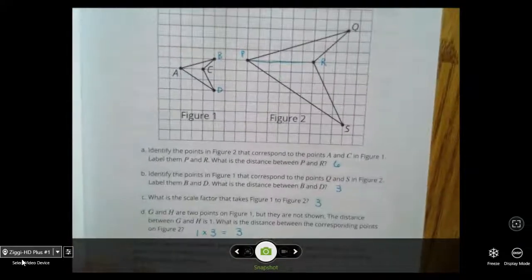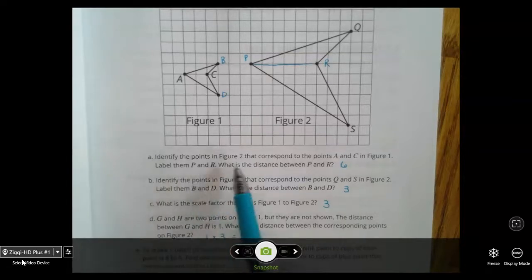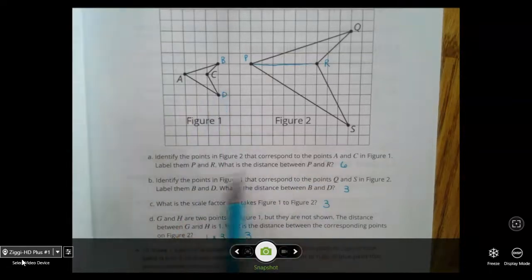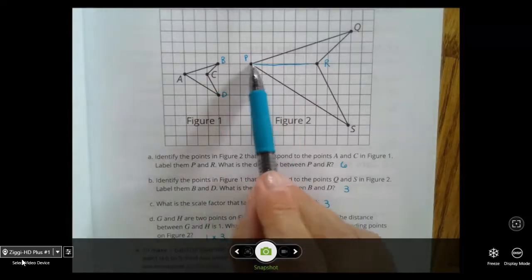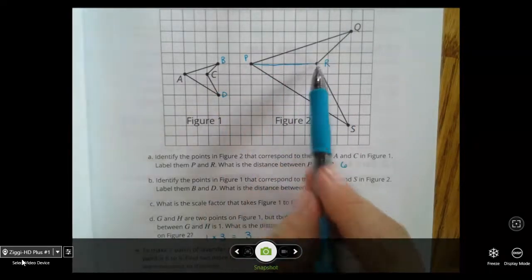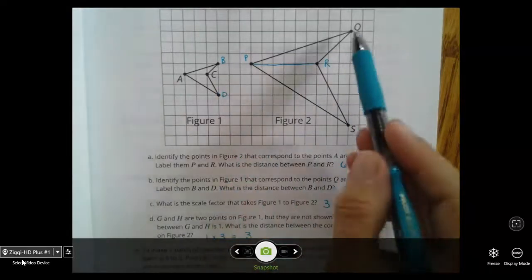Number 3, we have 2 shapes that are scaled copies of each other. It says identify the points in figure 2 that correspond to the points A and C, and then label them P and R. So P and R. What's the distance? You just count. It was 6. Then identify the points in figure 1 that correspond to Q and S. These two.